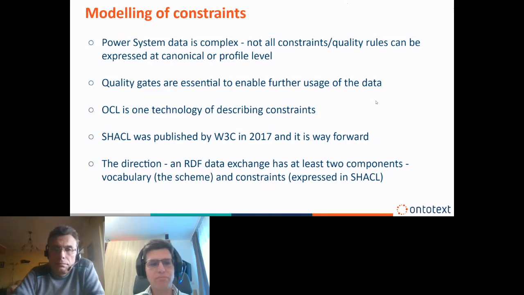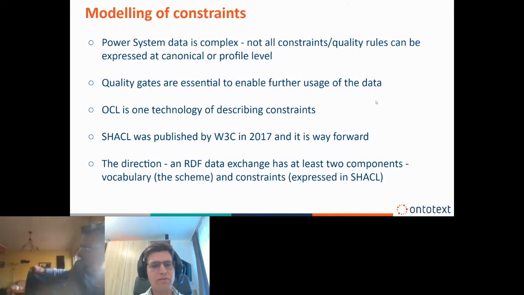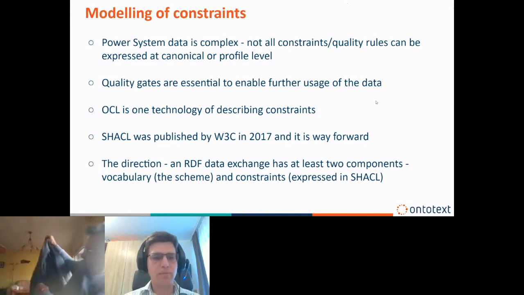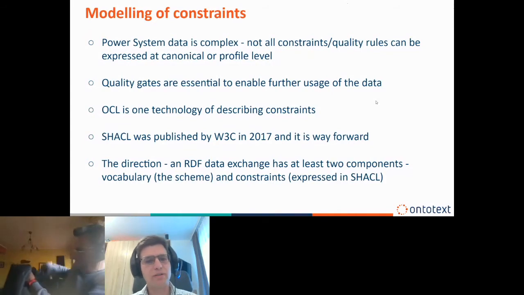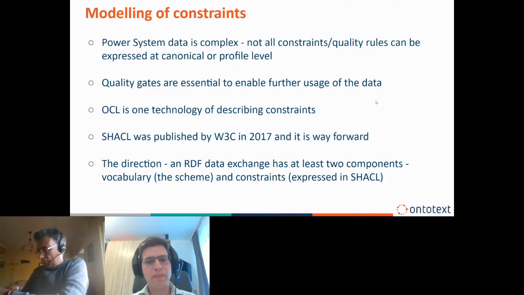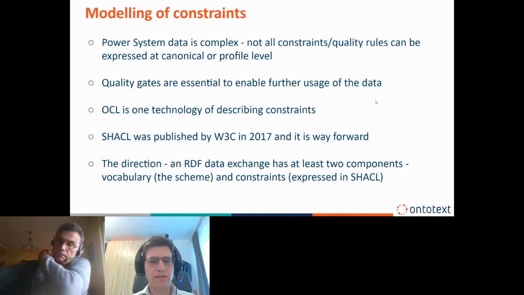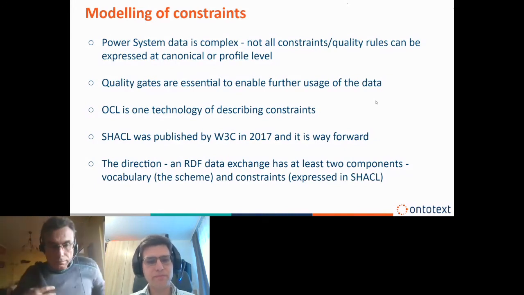So traditionally, until now, OCL was used as a technology, but having SHACL approved as a W3C recommendation in 2017, now the community is looking to utilize SHACL as much as possible.